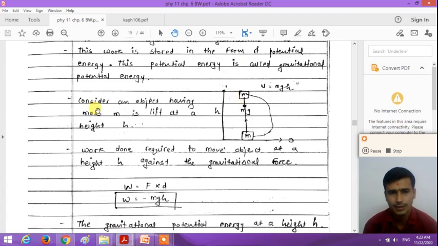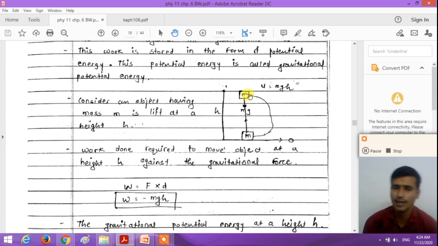Let us consider an object of mass m lifted to a height h. On the surface of the earth we have an object of mass m, and we want to lift it to a height h. There are many paths to do this. One way is a straight path, another is a zigzag path.